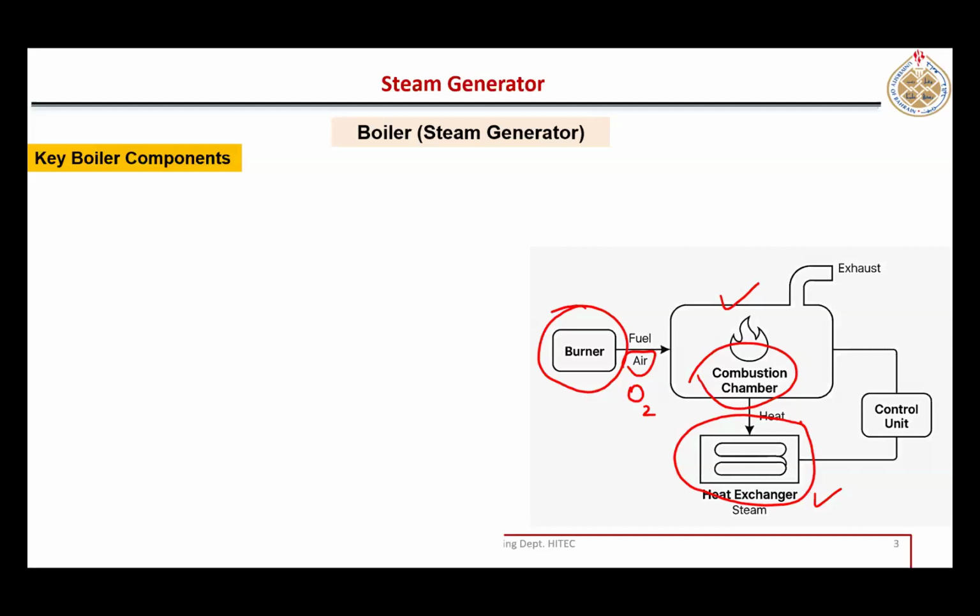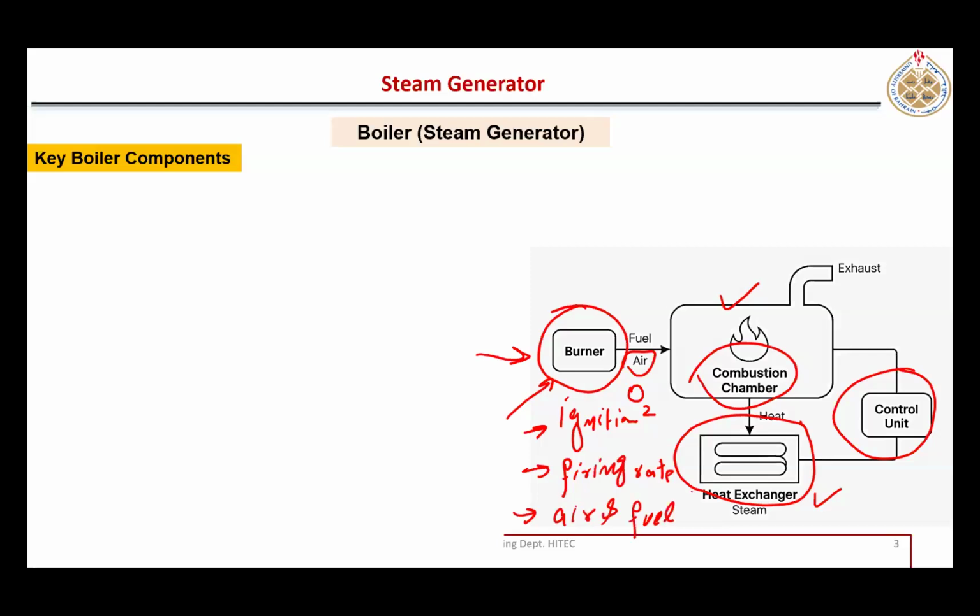And there should be a proper control to regulate, for example, the ignition device, this firing rate, depending upon the requirement. When you need more steam, then more air and fuel mixture needs to be burnt. So this control unit is controlling this ignition, firing rate, and also the air and fuel flow rate or supply.